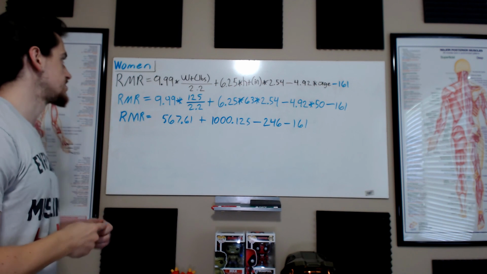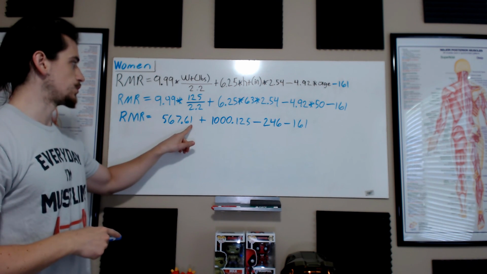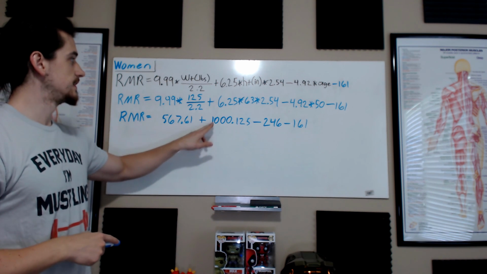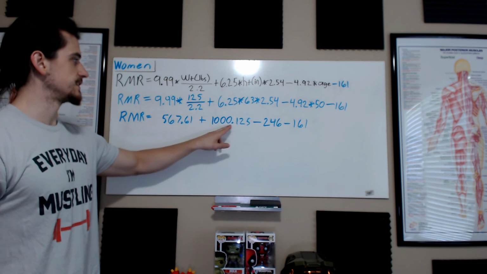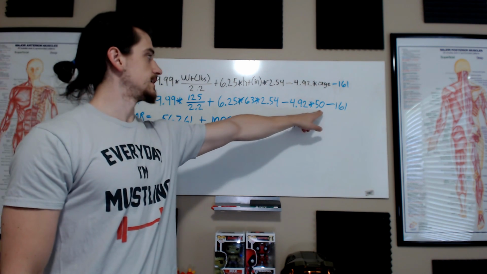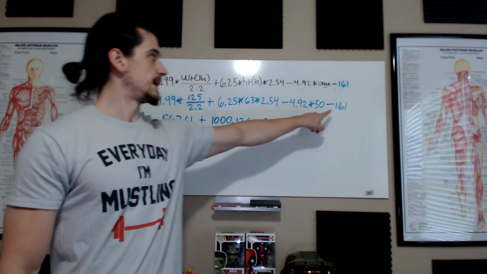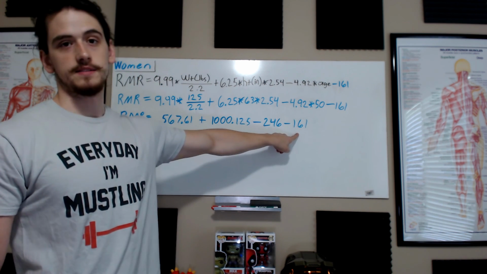If we work this equation out, from this piece right here we get 567.61, plus from right here we get 1000.125, and from right here we get 246, and then we bring down that minus 161.